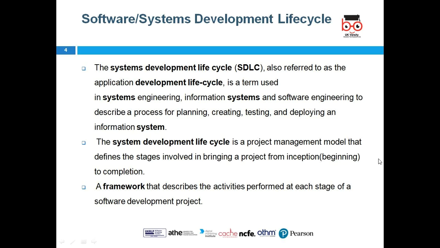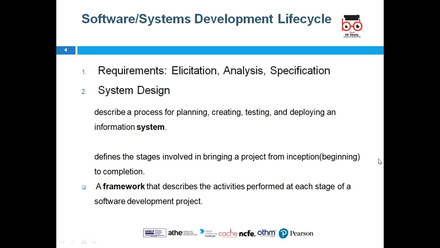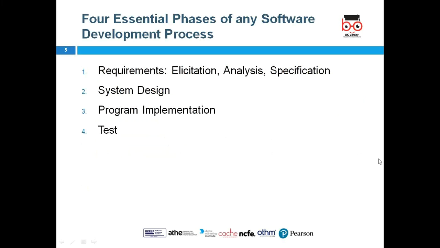The system development life cycle is basically a system engineering, information systems, or software engineering term for creating, planning, testing, and deploying a system. So let us see what is included in it.